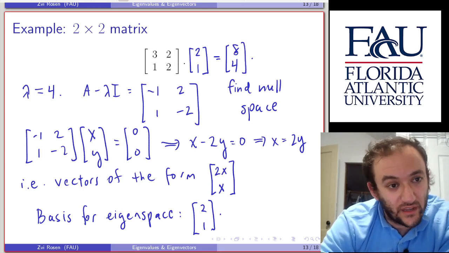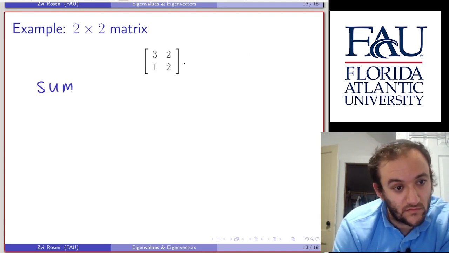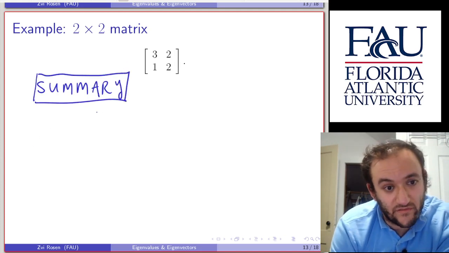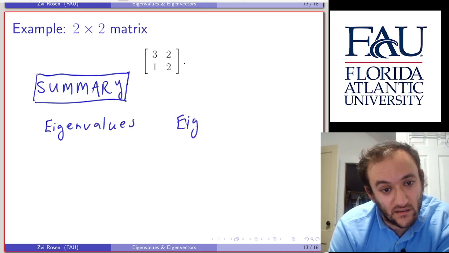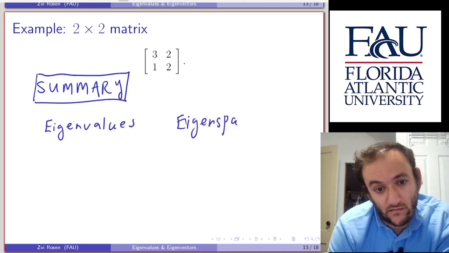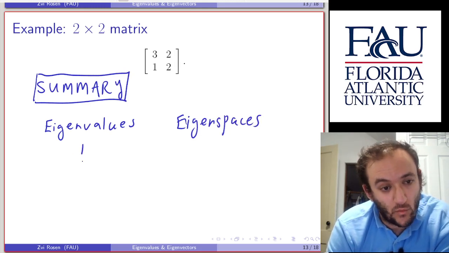So in summary, for our matrix A, we have eigenvalues and eigenspaces given by 1 and 4.